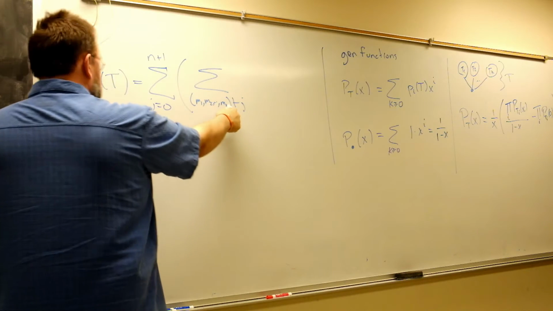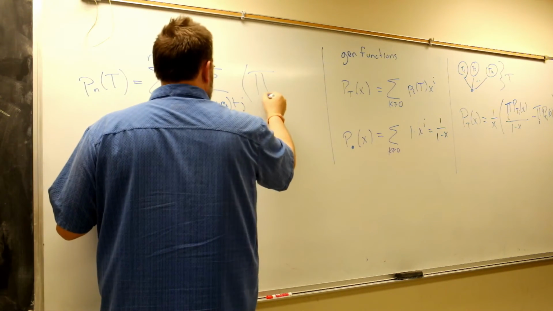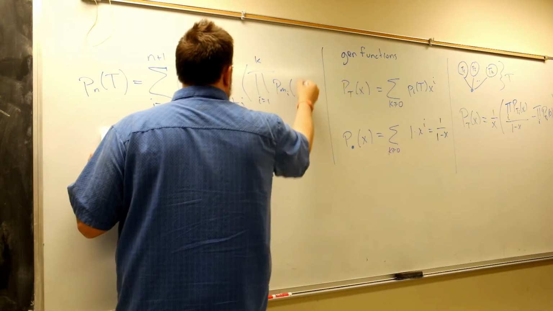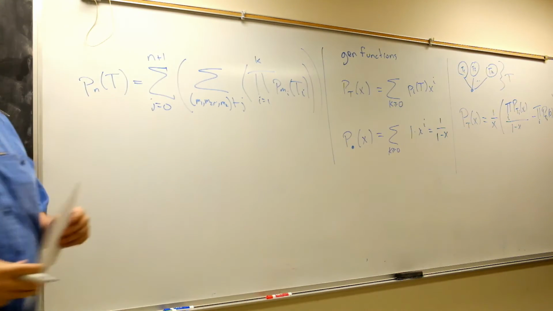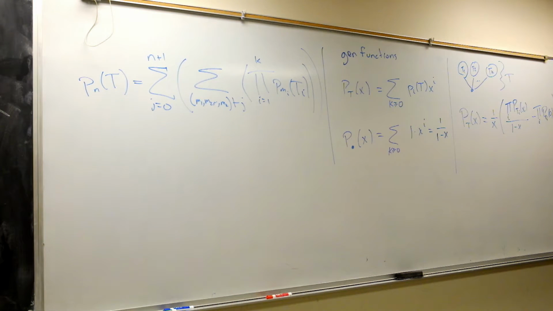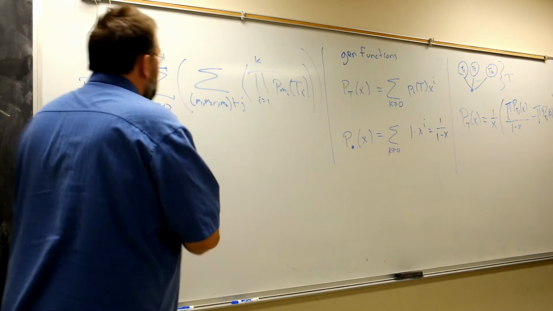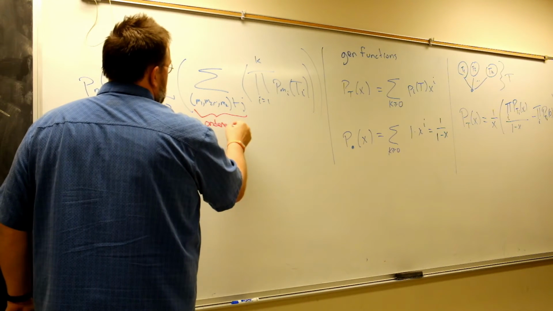I'll explain what that notation means in a second. Now this looks like a horrendous mess, but I want to assure you, it's not once you understand what everything represents. What I'm talking about here is an ordered partition of j.